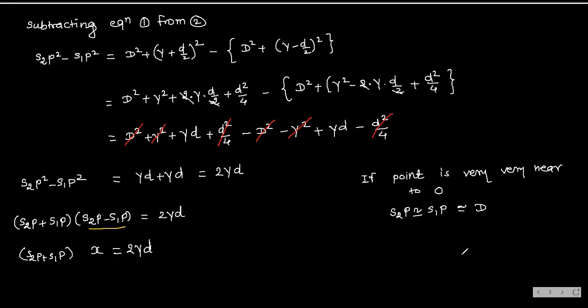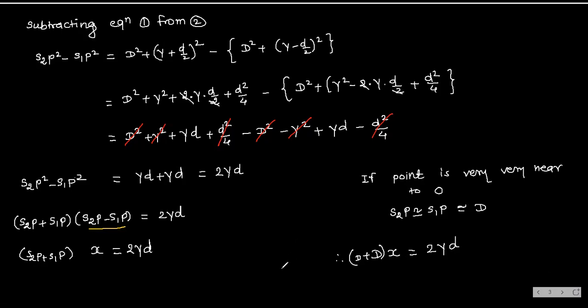So this is your D, and therefore if I substitute here, dx is equal to 2yd. But here S1P plus S2P is there, so how much do you get there? D plus D, into X, because there it is S2P plus S1P.